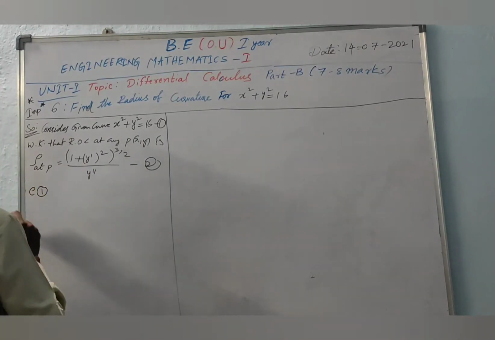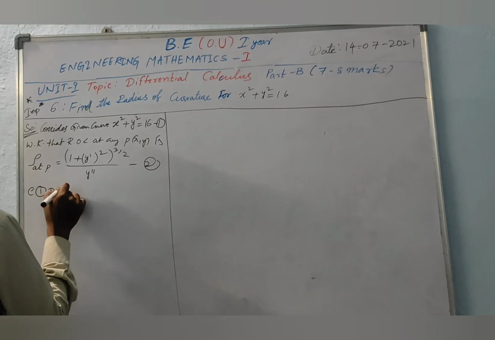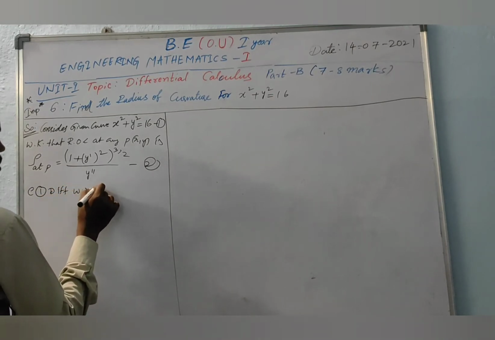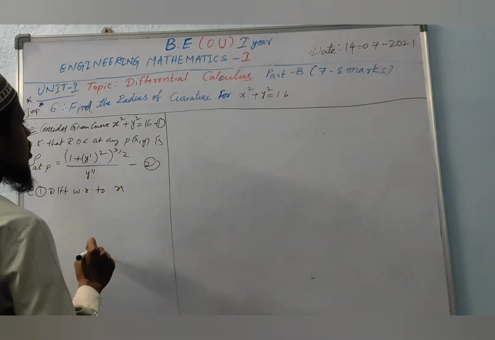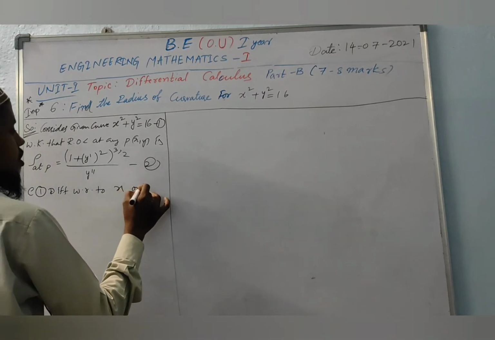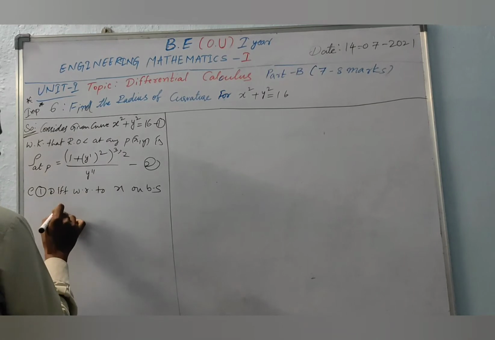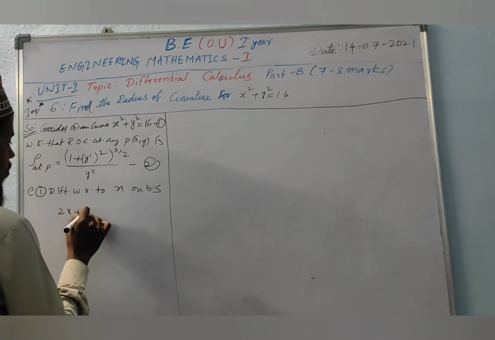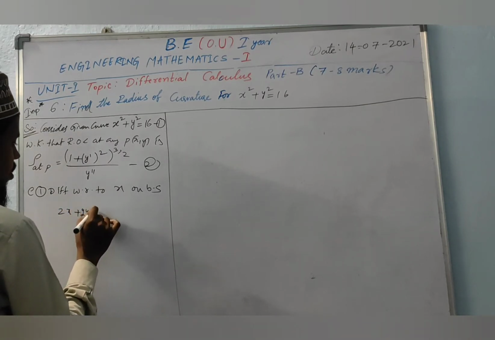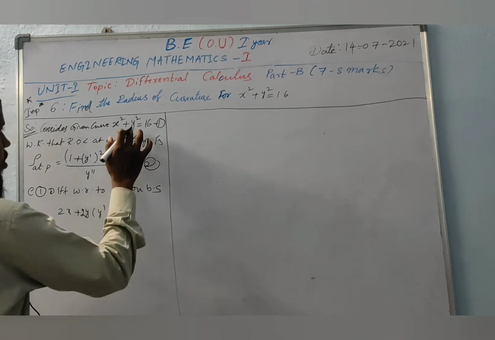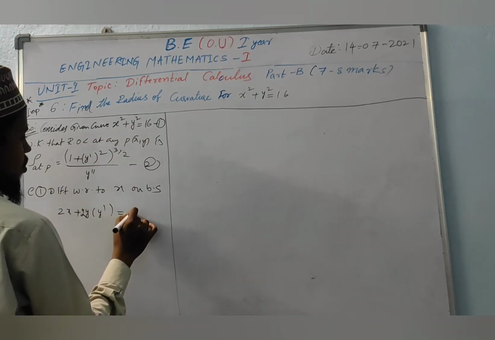Take equation 1 and differentiate with respect to x on both sides. x² gives 2x, plus y² gives 2y into y′, because y is not x, equals the derivative of the constant, 0.